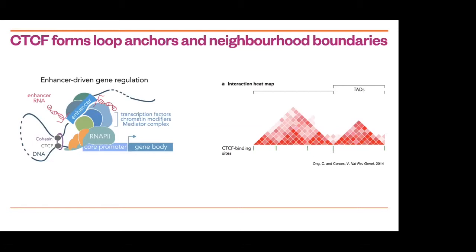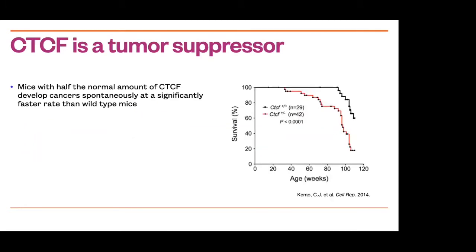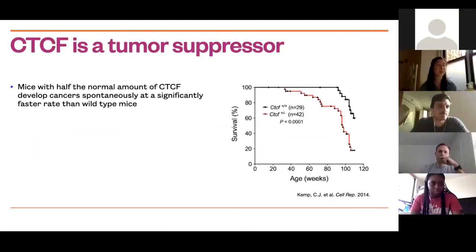This is the protein that I study, and it's interesting to me not only because of its basic biology function, but also because we know that it has a function in preventing tumors. There was a study done previously where they took mice and genetically knocked out half of the mice's normal amount of CTCF.